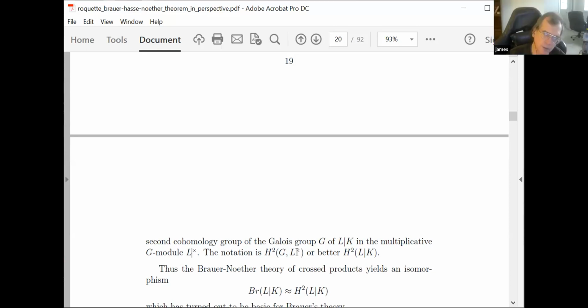But the difference is that now, instead of taking a finite group and then using the complex numbers as your field to build all your algebras, you could look at a Galois group, but let it be the Galois group of some number field, acting on some extension of that number field.